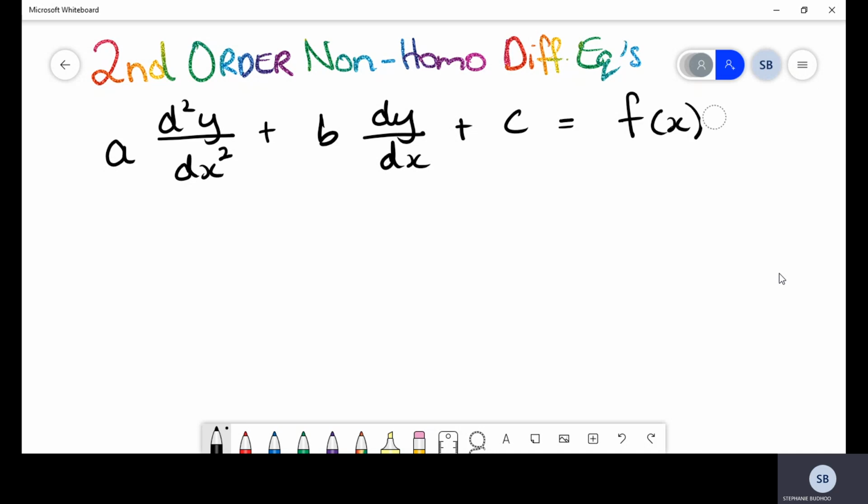Last session, we looked at the forms where we had polynomials, either constants or increasing values of x. Today, we are going to look at trigonometric functions where our right-hand side is some form of sine or cos.